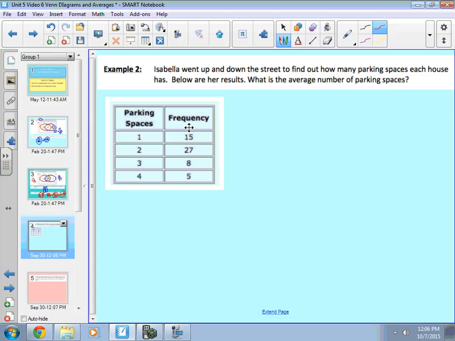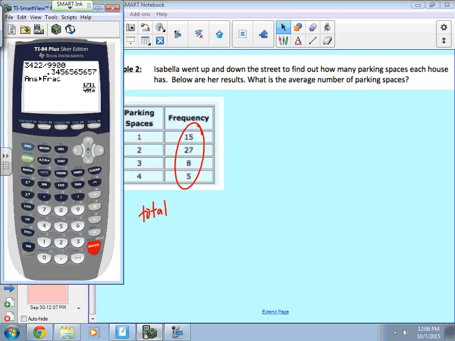If we add up all these frequencies, that's the total number of times that we would get a parking spot. So we want to add these up. So let's add together 15 plus 27 plus 8 plus 5.